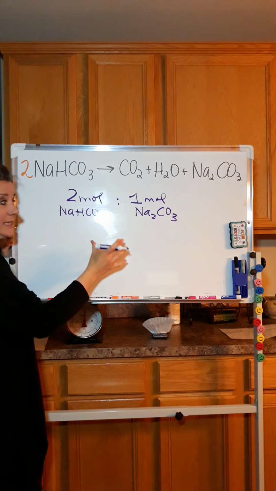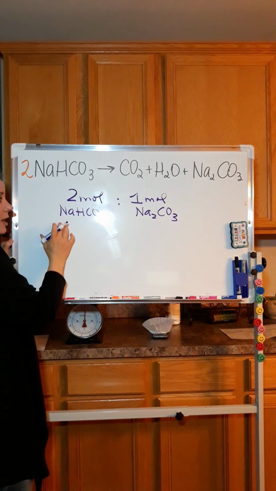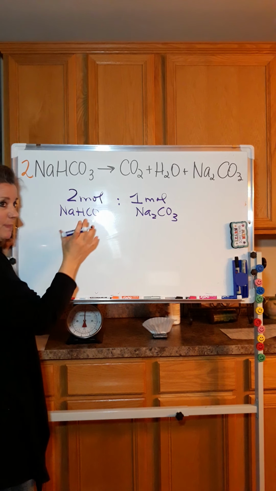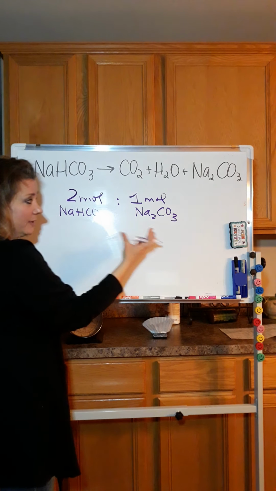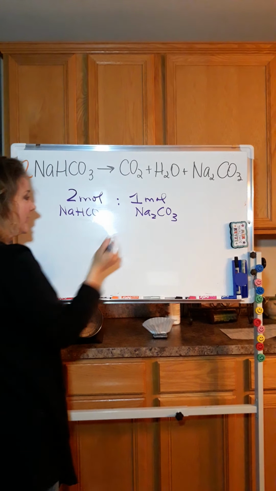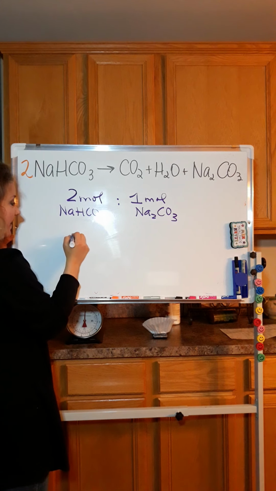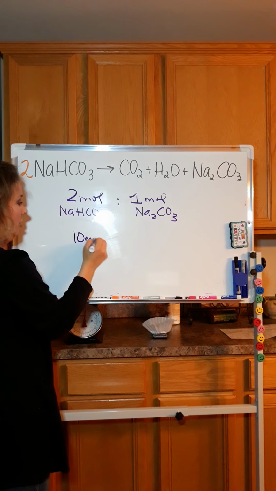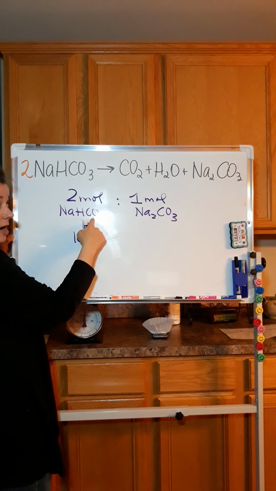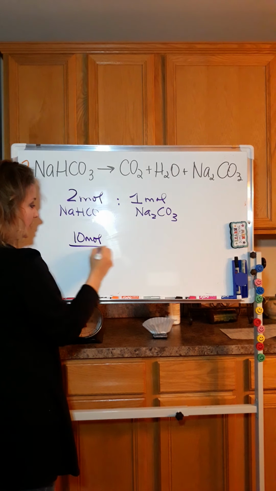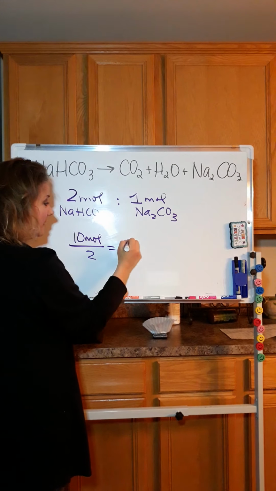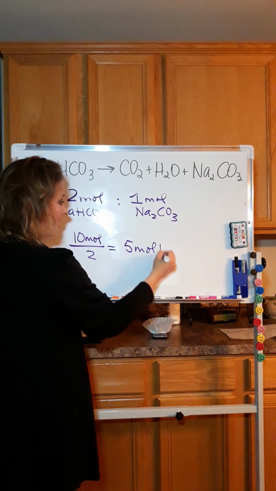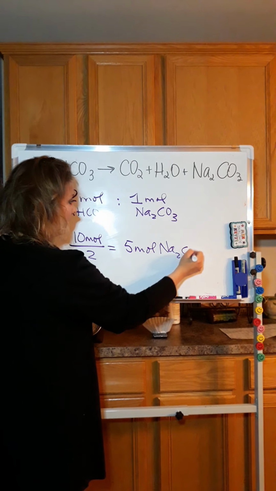What this means is whatever amount of sodium bicarbonate we begin with, we're going to end up with half of that amount of sodium carbonate. So if I start out with 10 moles of sodium bicarbonate, all I have to do is divide that by 2, and I get 5 moles of sodium carbonate.